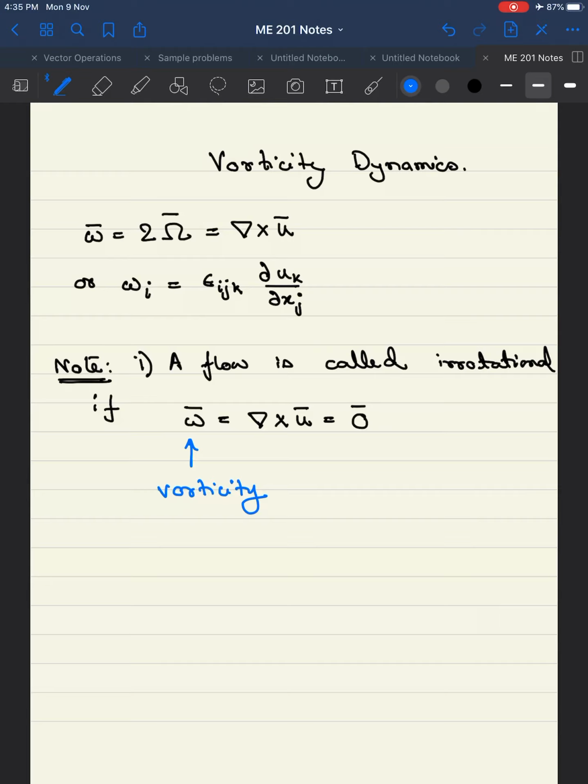And the second important thing is, analogous to streamlines, one has vortex lines.